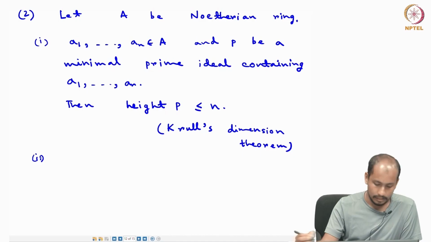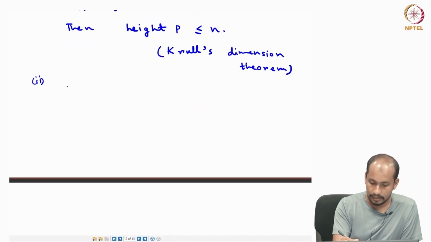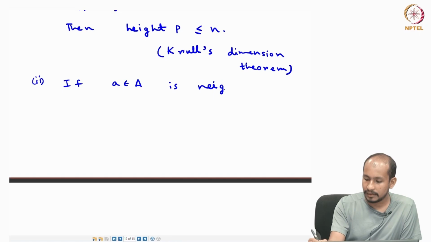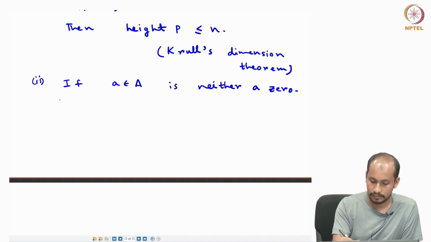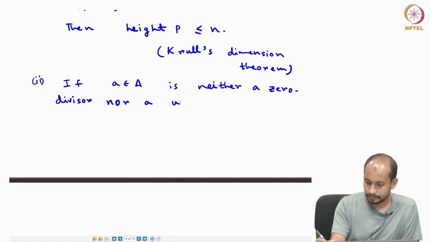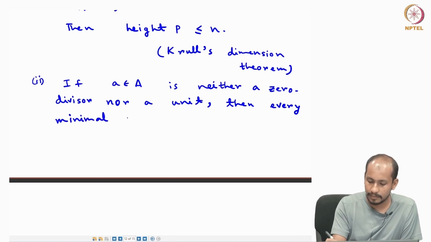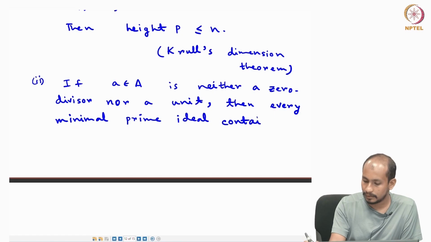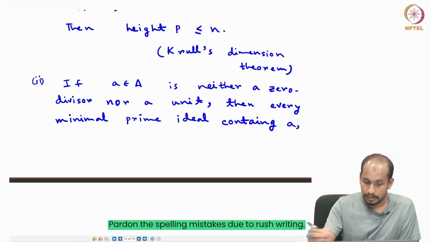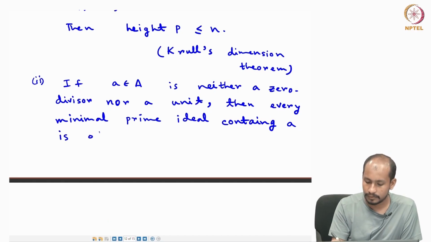Now, second, if a inside A is neither a zero divisor nor a unit, then every minimal prime ideal containing a is of height 1.